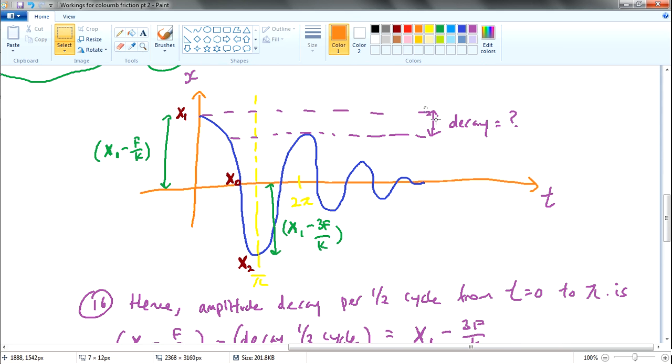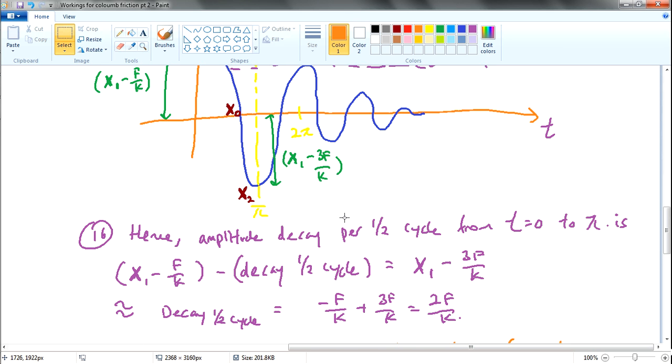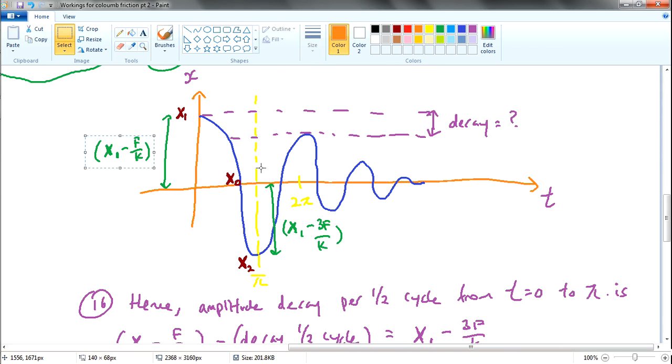So you're trying to find this decay. We take this amplitude minus the decay, and you eventually get this term over here. So this is equivalent to this portion over here.